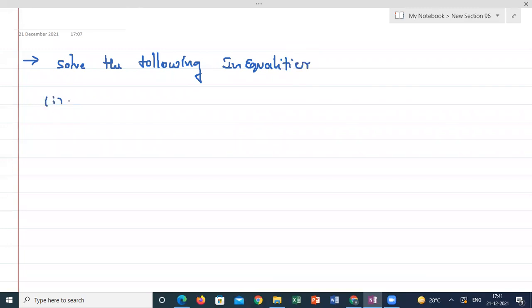Solve the following inequalities. The first question is minus 12 less than (4 minus 3x) divided by minus 5 less than or equal to 2. Please solve this question.